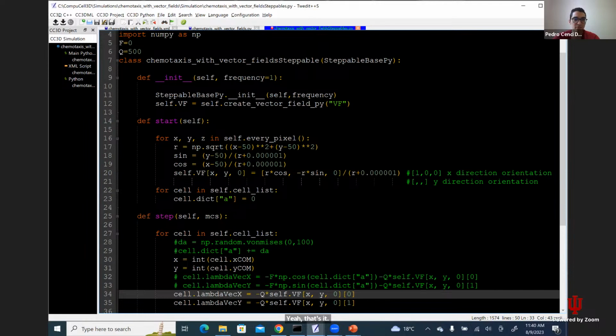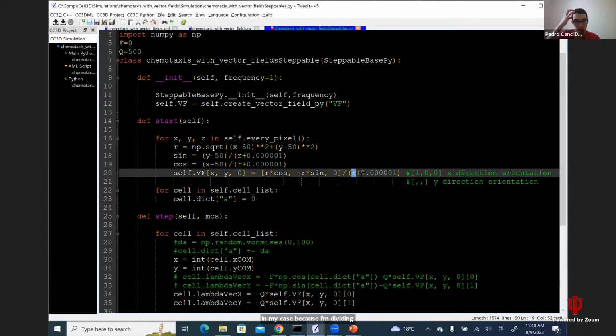It's not the magnitude of the vector field. The magnitude of the vector field is 1 in my case, because I'm dividing by r, so the magnitude is 1. But when I parse it to the cell, it amplifies the value of the vector field as a force over its center of mass.